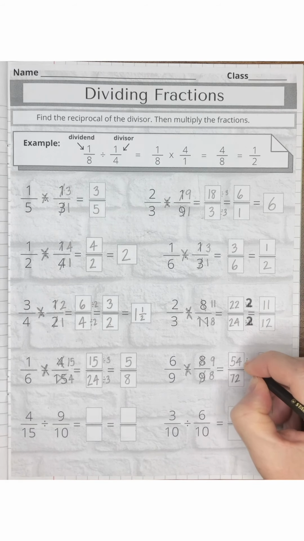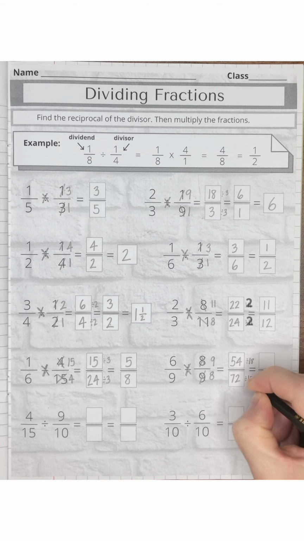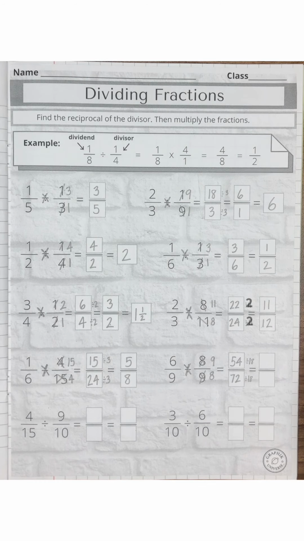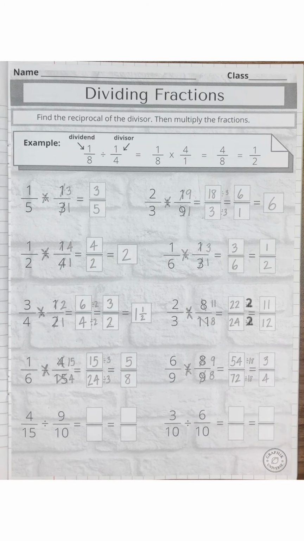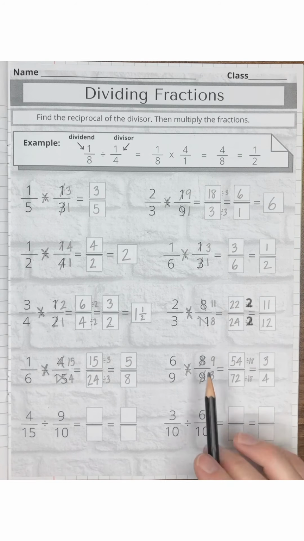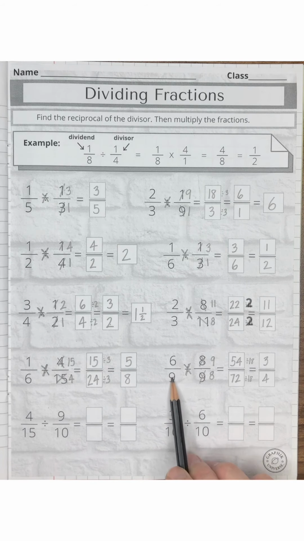We can find the greatest common factor to be 18, which gives us 3/4. Now, there is a trick to dividing fractions with like denominators. We will revisit this at the end of the video.